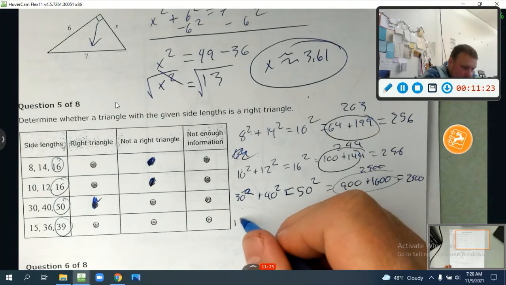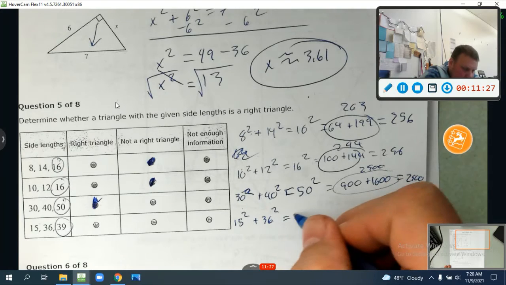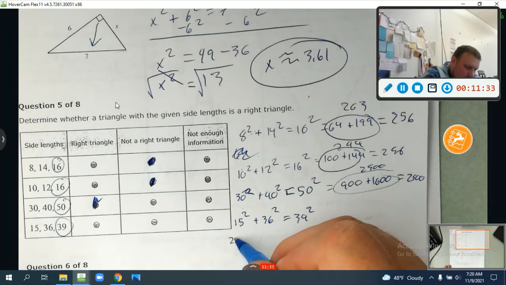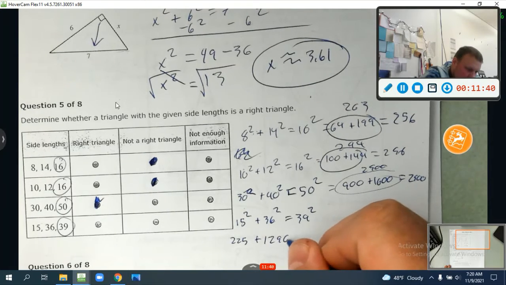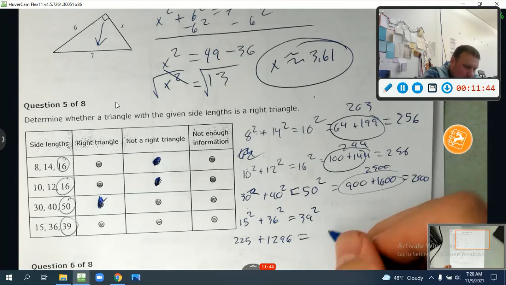And then our last one, 15 squared plus 36 squared equals 39 squared. Well, let's see, 15 squared is going to be 225 plus 36 squared, 1296, equals, let's see, 39 squared, 1521.